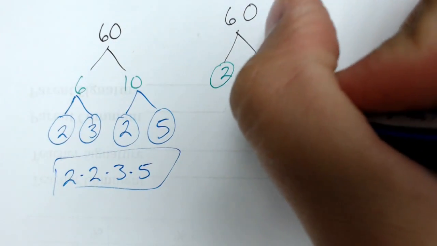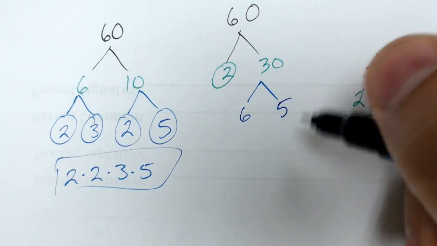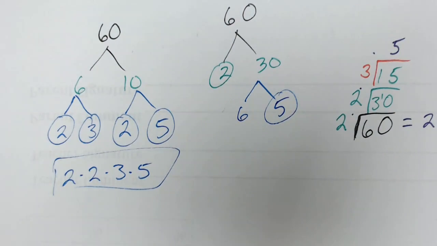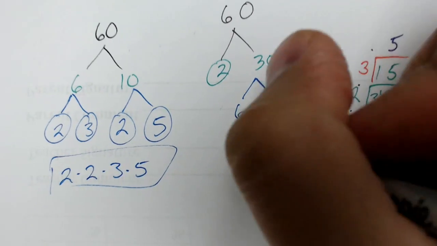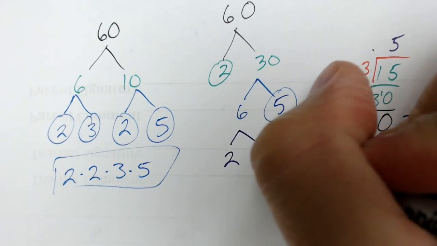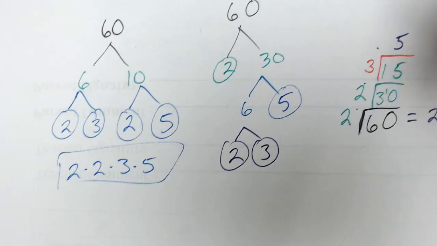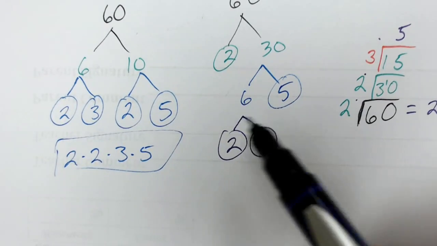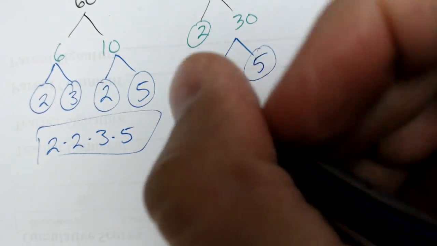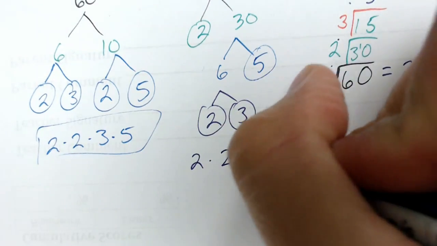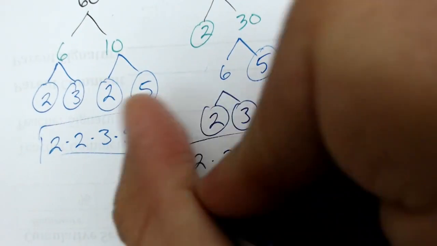So I could have put 6 and 5, and 5 is a prime number, so I circle that. Then I could go another level: what times what equals 6? 2 and 3, and those are both prime numbers. Now I look at all my circled numbers: I've got 2, 2, 3, and 5, which is still the right answer.